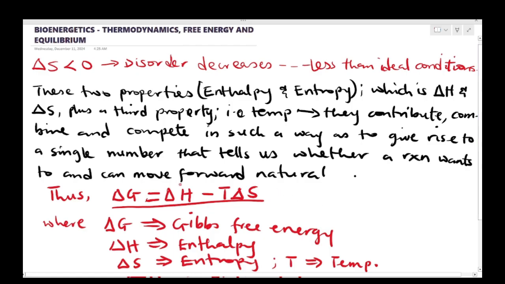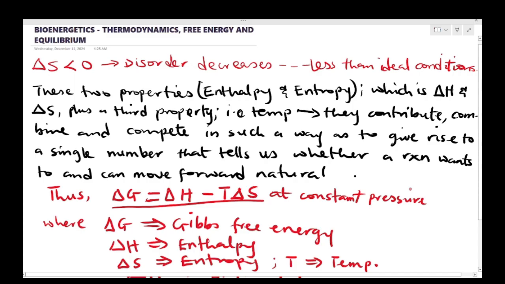Okay, so this should be at constant pressure. Very important to note that. At constant pressure under what? Physiological conditions.